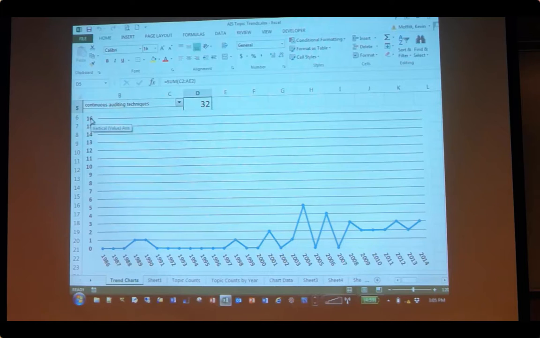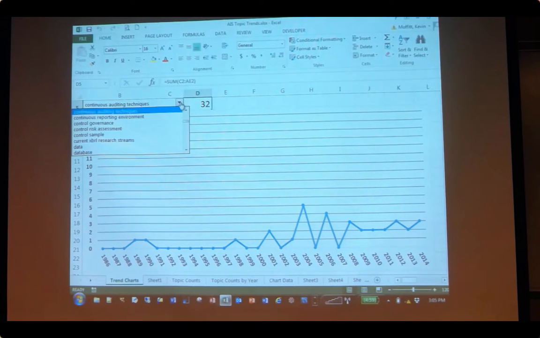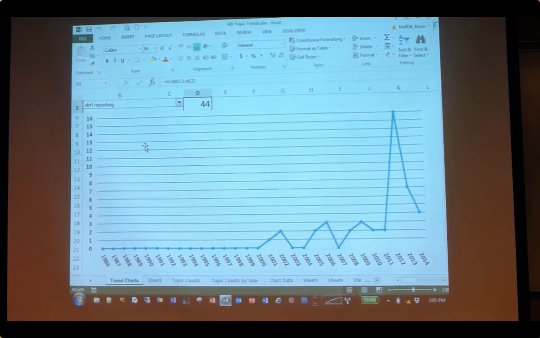You know what topic that was? It was XBRL reporting. In 2012, it had 16 papers on XBRL. That is just not. Maybe it'll go back up.